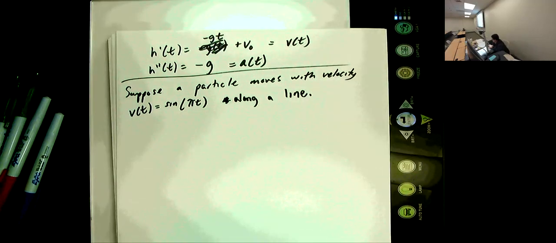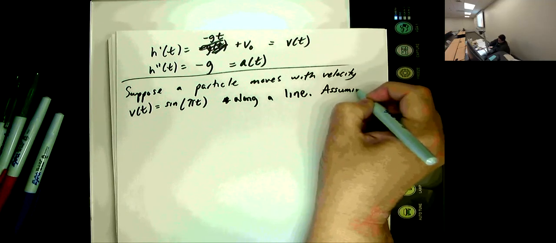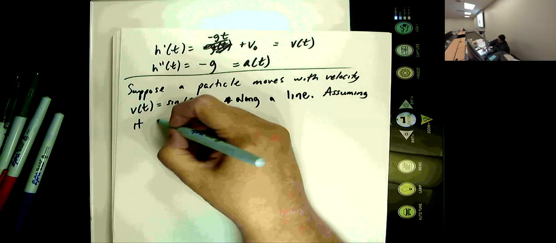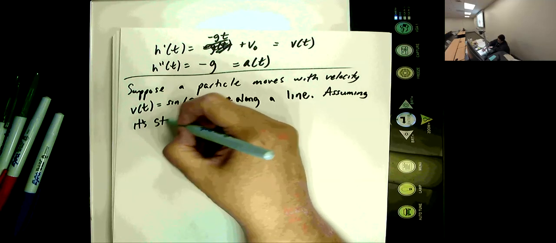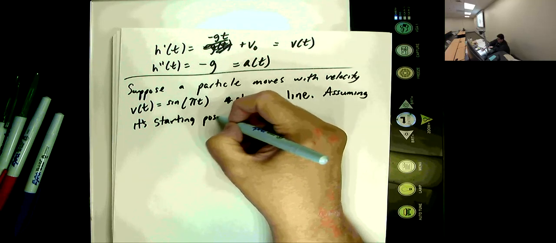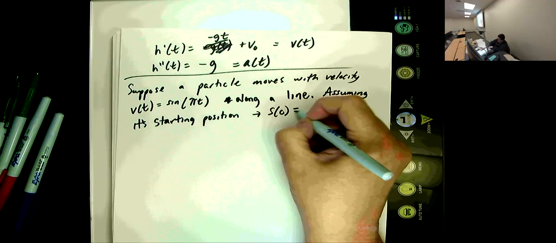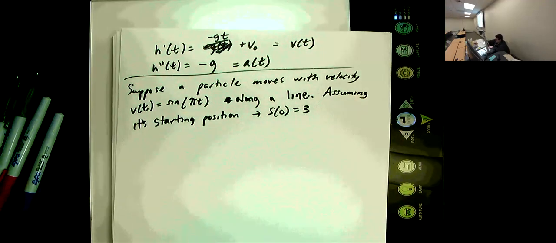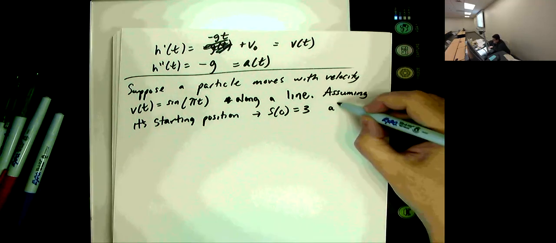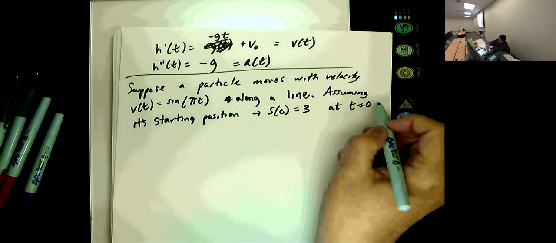It could just be any line. Assuming that its starting position s of 0 equals 3 at t equals 0, find its position function.